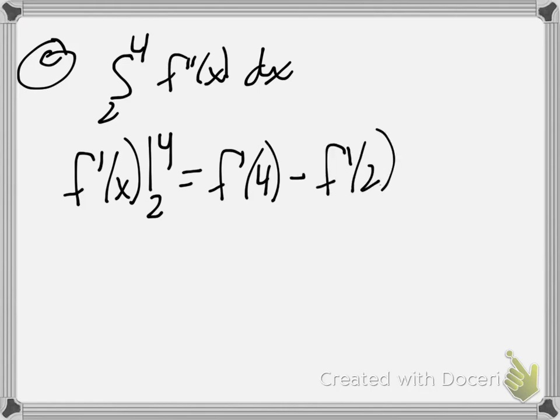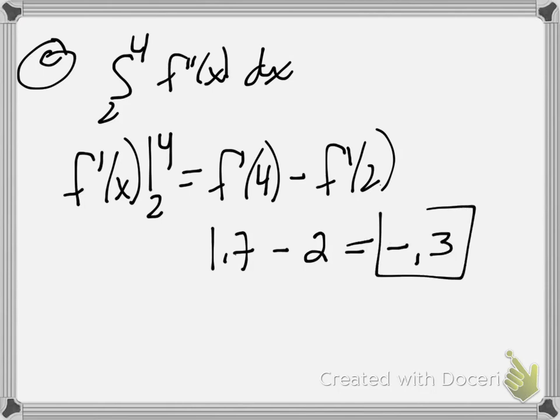But you have the graph of this. So f prime of 4 is equal to 1.7, and f prime of 2 is equal to 2. So 1.7 minus 2 is equal to negative 0.3. The point values were, if you did this, you got 1 point, and if you got the final answer, you got 1 point. That was really fast, and that one was pretty simple.